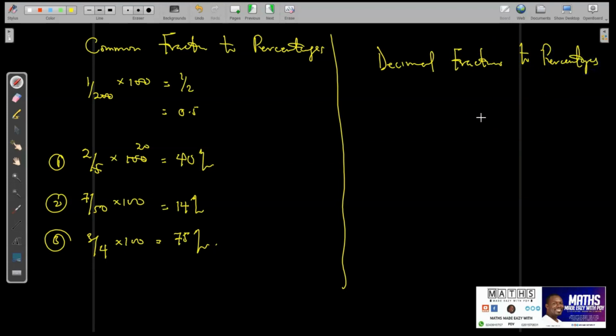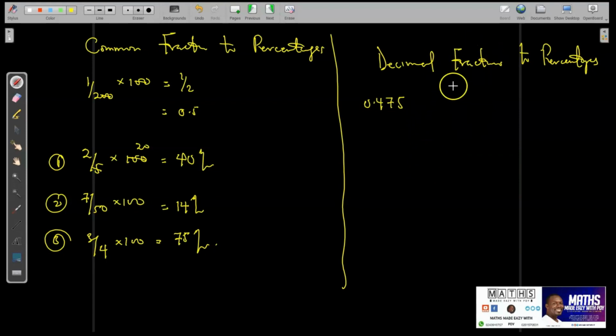Therefore, if I have an expression given as 0.475 and I'm requested to write it as a percentage, how do I have to go about it?